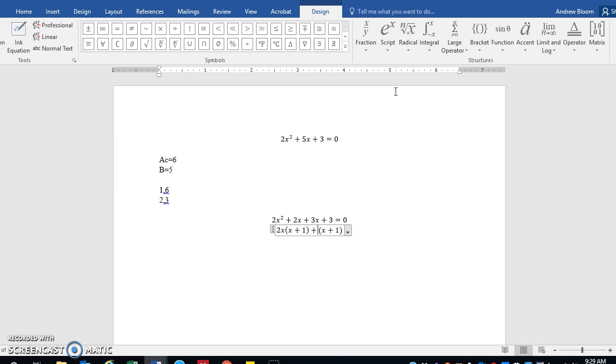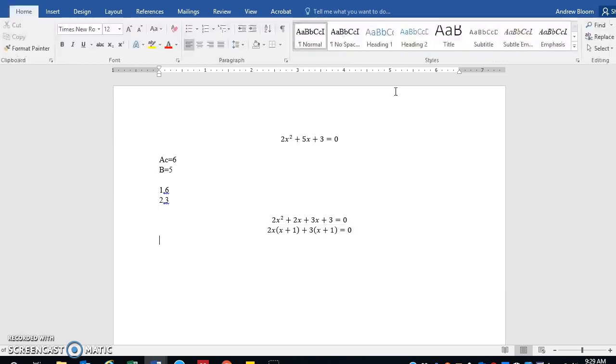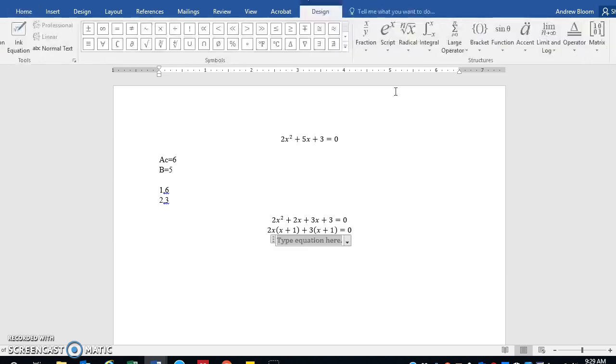It's pretty clear that a 3 needs to be pulled out, and 3 times x is 3x, and 3 times 1 is 3. Again, this is an equation, so we continue writing the equals 0. We're not done. We have to finish factoring it, and so this is x plus 1 times 2x plus 3, and that's equal to 0.